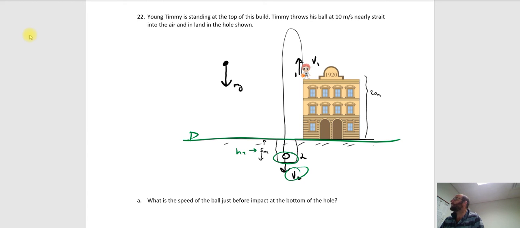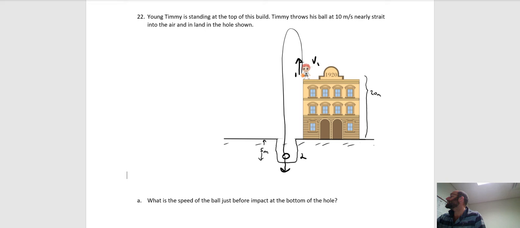If you tried to put a work term in for it, you'd have mg times this distance right here. Effectively, the difference between those two potential energies does that for you. So that force is already taken into account, and there's no other forces to worry about. So there's no work term. That should get you through that problem.